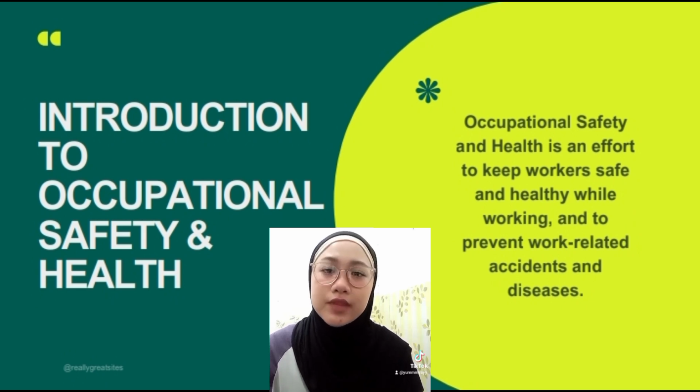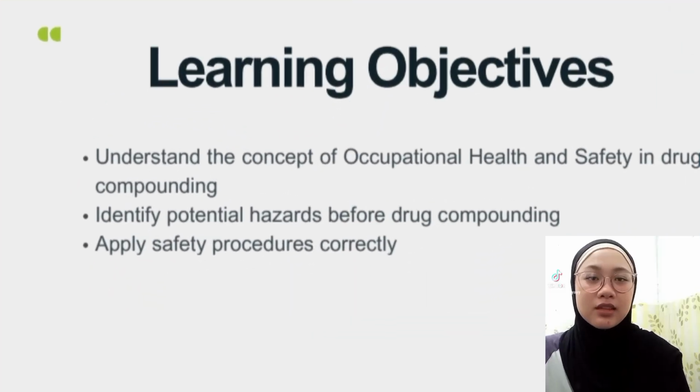If safety and health are not applied properly, accident and work-related disease can happen. So, by applying occupational safety and health, we can reduce risk, prevent accident, and create a safer working environment for everyone.